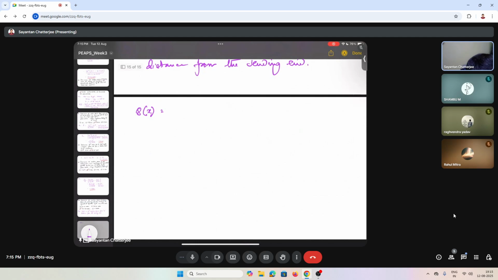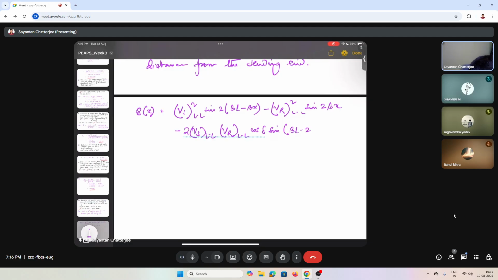Vs line to line squared, times sin of (beta L minus beta x), minus Vr squared line to line times sin 2 beta x, minus 2 Vs Vr line to line times cos delta times sin of (beta L minus 2 beta x).